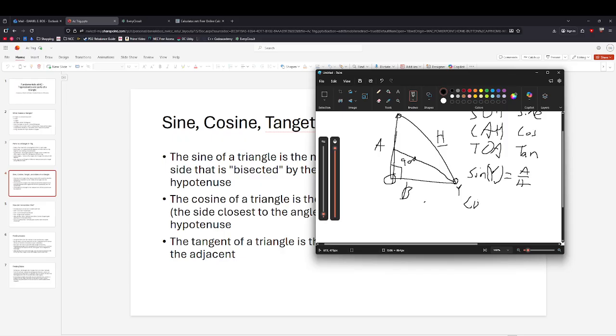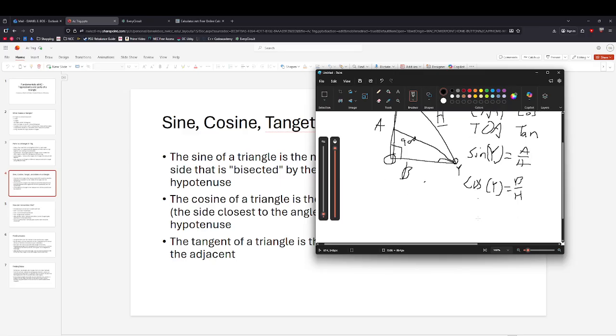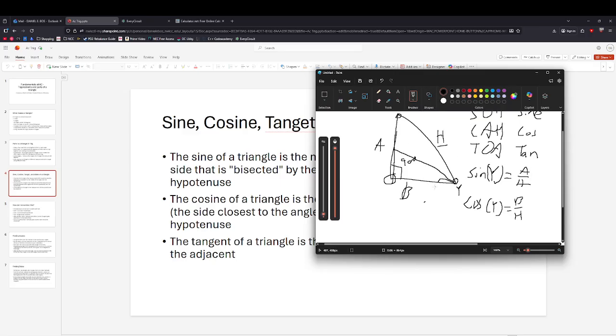Your cosine, I'm going to stick with Y here for this example, is your adjacent, which is the side next to the angle, so in this case B, over your hypotenuse. The best way to remember it is you have three lines in a triangle. One is always going to be opposite and one is always going to be hypotenuse.